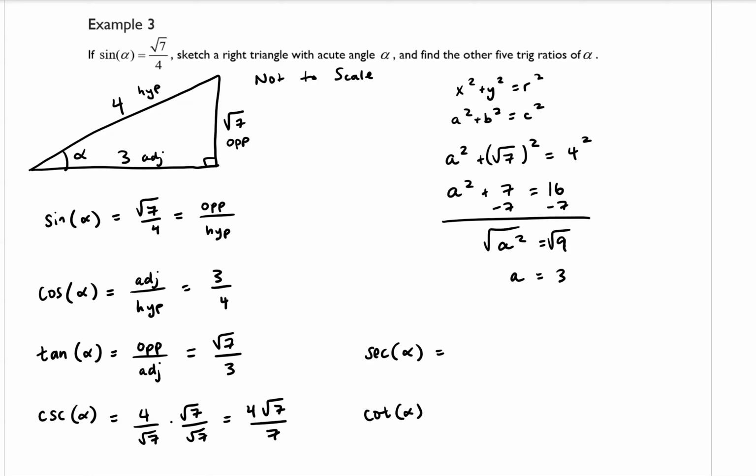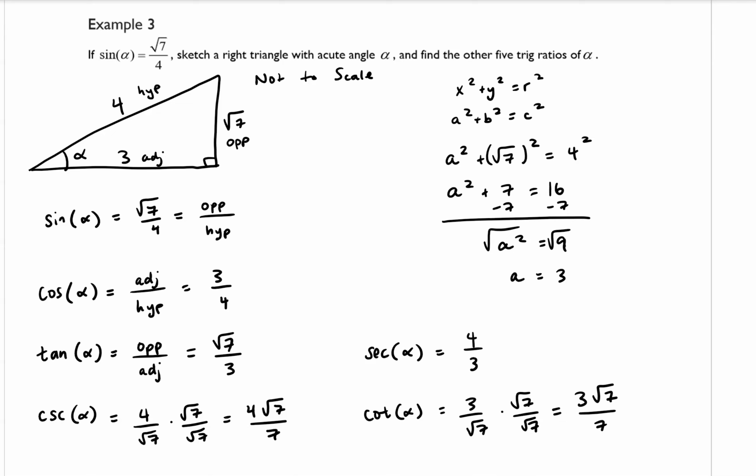Secant is the reciprocal of cosine. And so if we take the reciprocal of 3 over 4, that gives us 4 over 3. And then cotangent is the reciprocal of tangent. So that's going to be 3 over the square root of 7, which, if we rationalize that, we get 3 root 7 over 7.